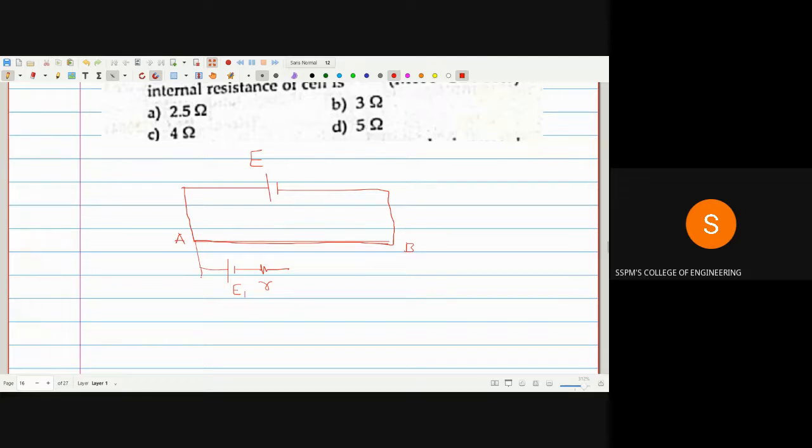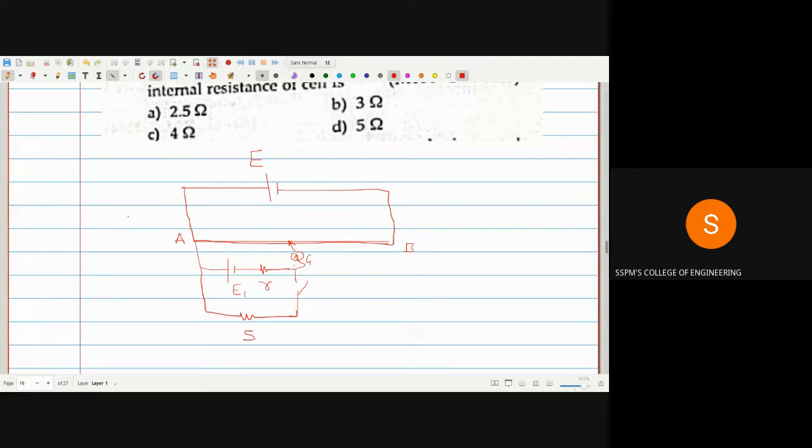And across this cell there is a known resistance of 5 ohm. 5 ohm आहे. ऍक्च्युली तर की इथे घेऊया आपण, इथे की इथे कनेक्ट करायचं इथे. आणि इथे आपण गॅलनमीटर कनेक्ट करतो असं बॅलन्स पॉइंट काढण्यासाठी. हा जॉकी असतो. After sliding the jockey you can find the balance point. असं अरेंजमेंट दिलेलं आहे.